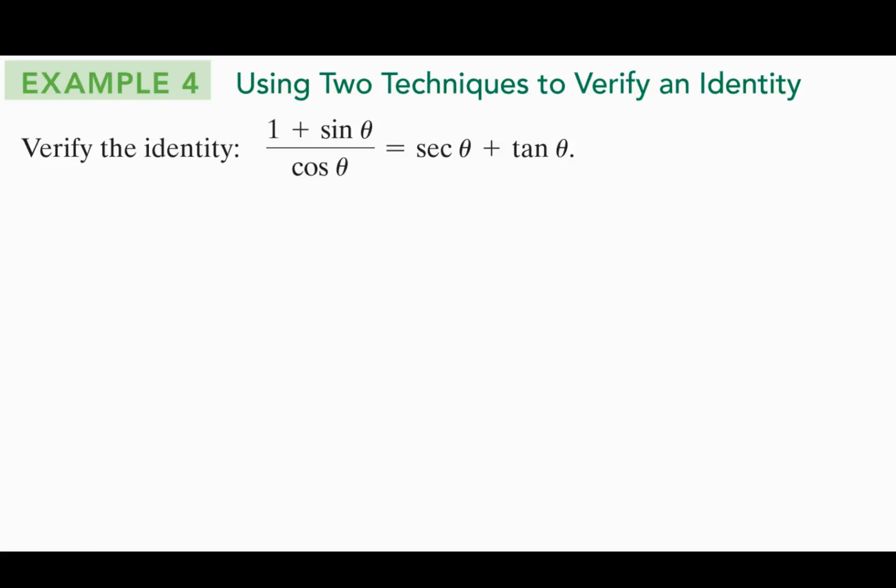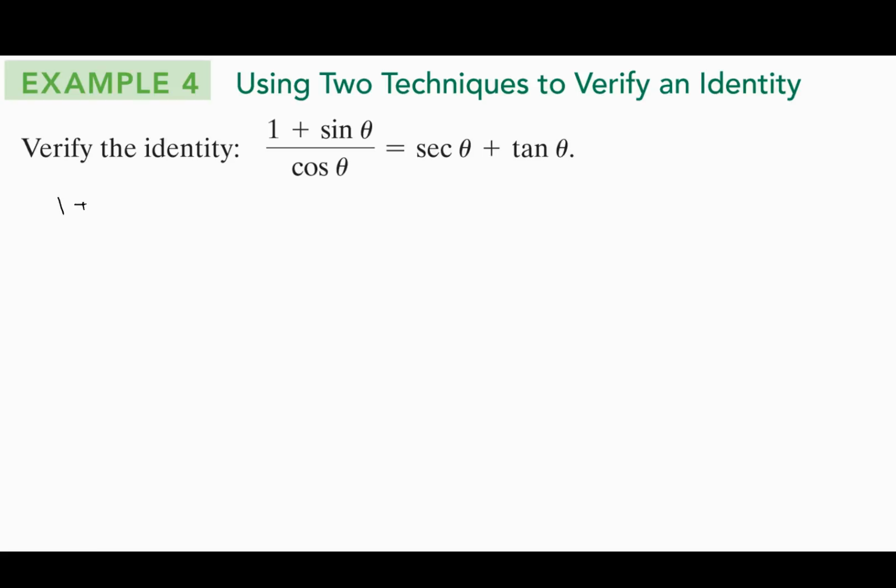Often there is more than one technique that can be used to verify an identity. So again, it's like solving a puzzle: what can you do to get the two sides to be equal to each other? Let's look at this problem right here, and let's do it two different ways. In the first way, let's manipulate only the left-hand side.